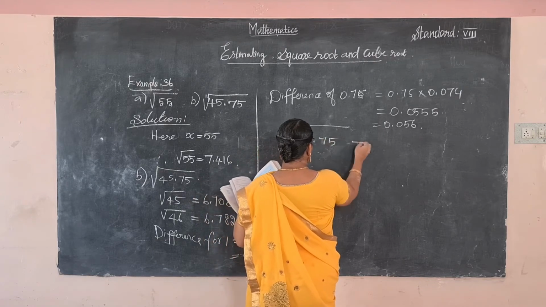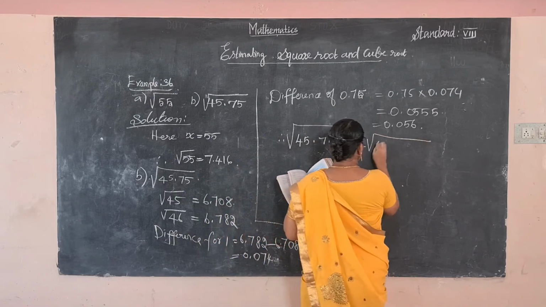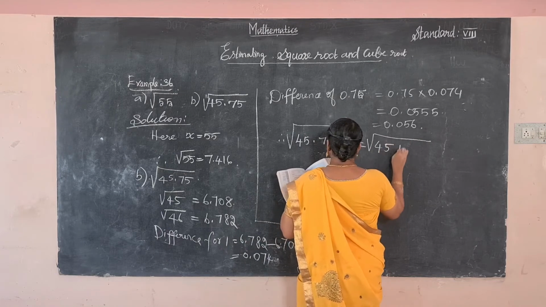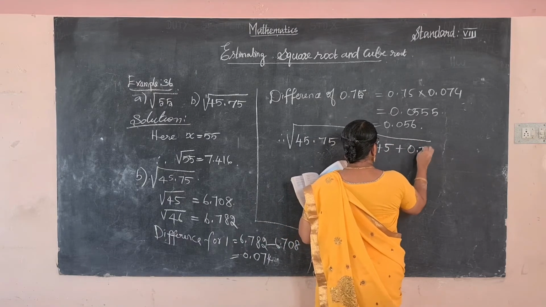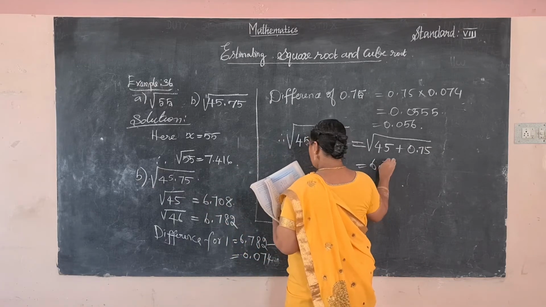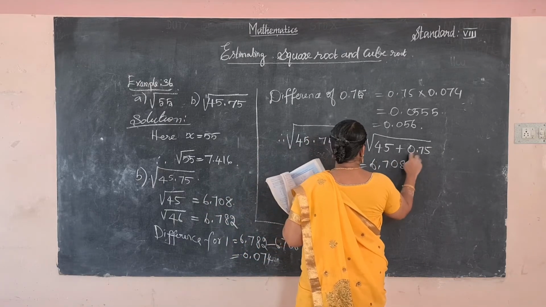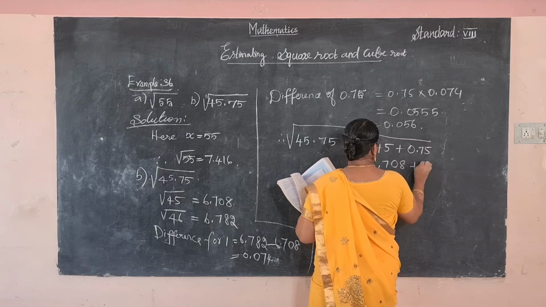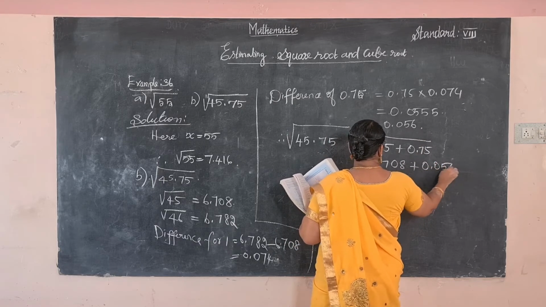Therefore, the square root of 45.75 can be written as 45 plus 0.75. The square root of 45 is 6.708, plus the 0.75 value, which is 0.056.